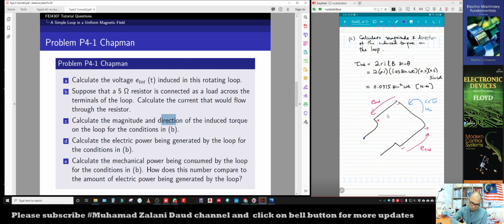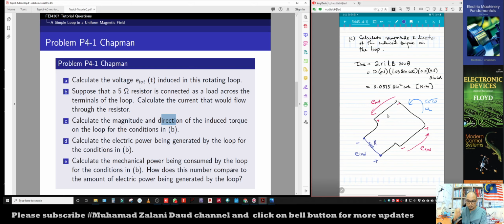Now I connect the 5 ohm resistor to this terminal that induces the voltage. We have this voltage induced. Okay, I connect the resistor.